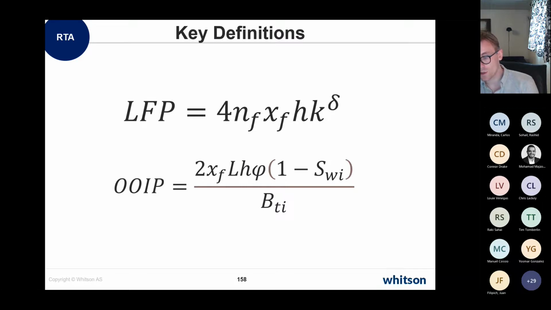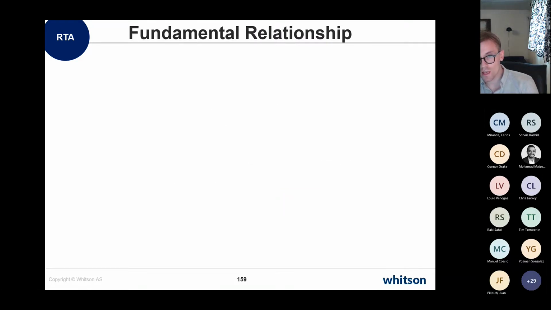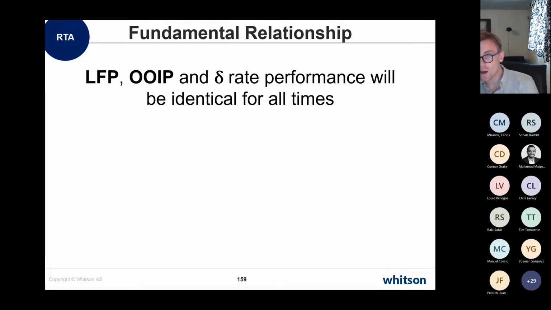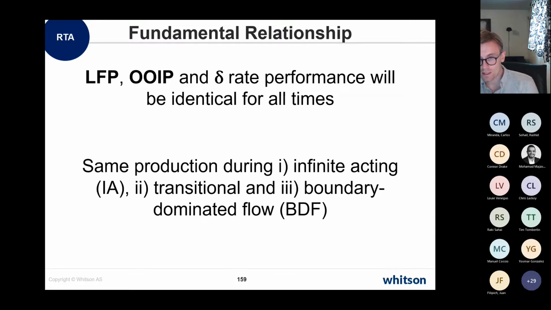So if we make these two adjustments and keep in mind this fundamental relationship, that if LFP, OIP, and delta are the same, then the rate performance will be identical for all times. That means you'll have the same production during infinite acting, transitional, and boundary dominated flow.